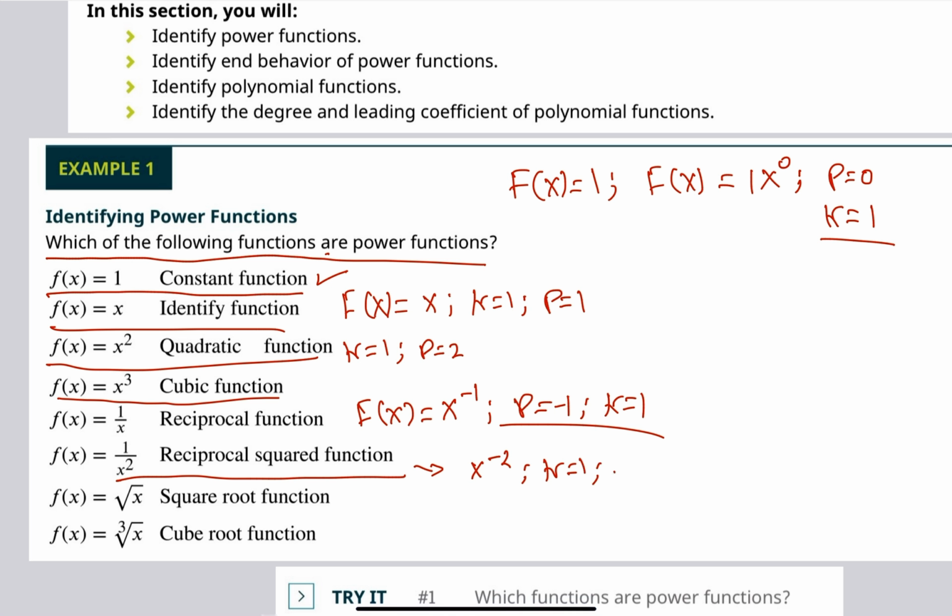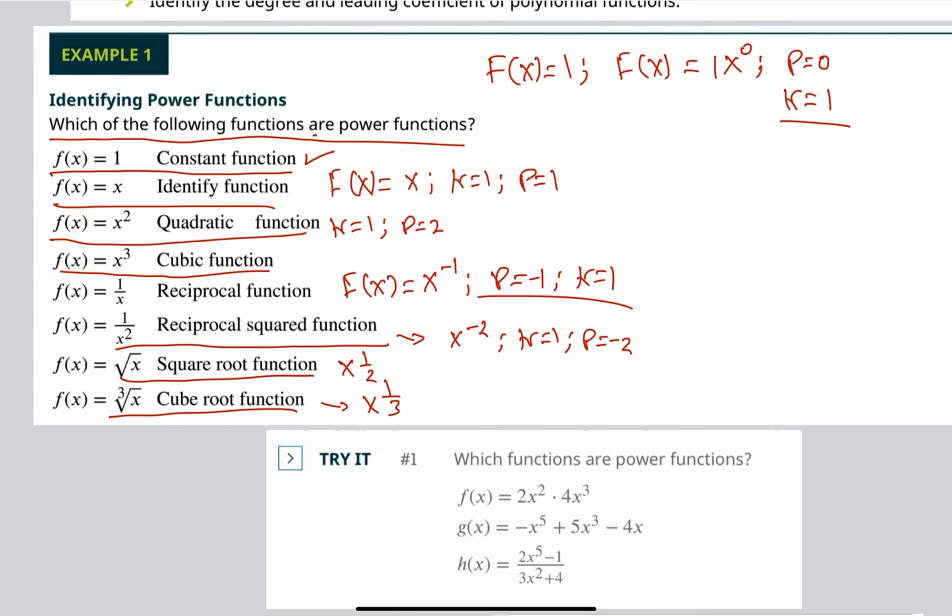K is 1, p is -2. And this is x to the 1/2. And this is simply x to the 1/3. All good? And these are all power functions. You can have p, as I've mentioned, as a decimal, which is 1/2, which is totally fine. It can be 1/3, which also works.